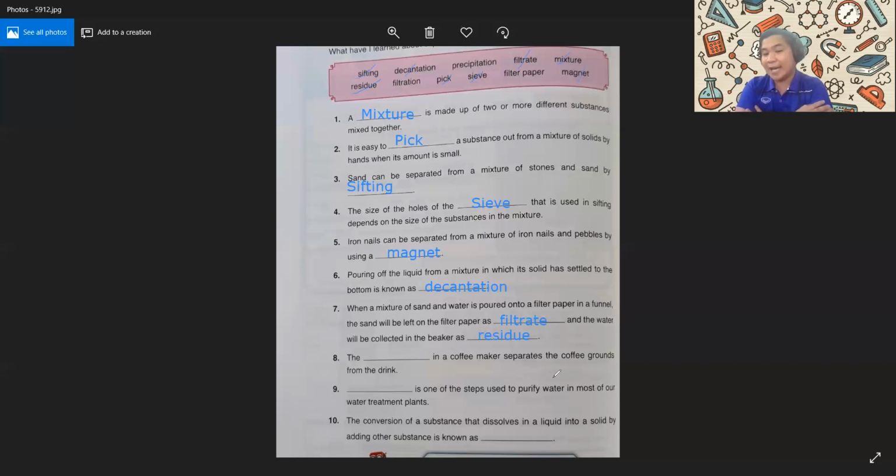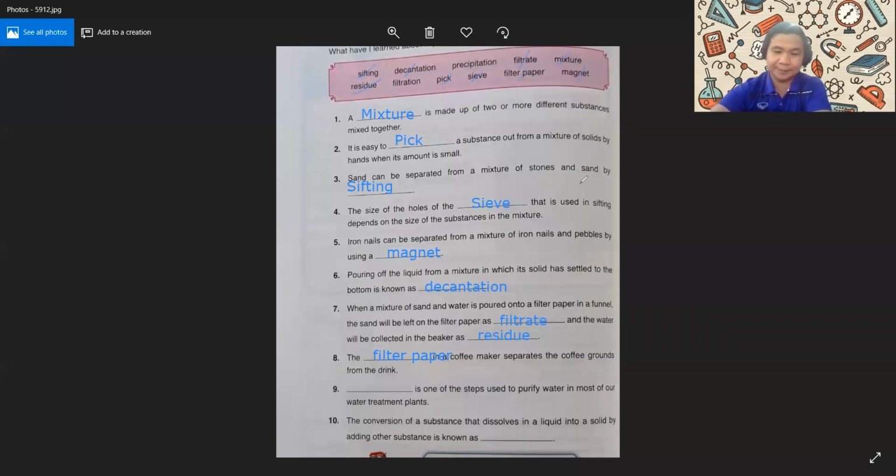And the question asked, what object separates the coffee grounds? So, is it filtration, precipitation, or filter paper? It is the object, the filter paper. So you can just write that down. Filter paper. That's your answer to number 8. Don't forget to cross this one out.